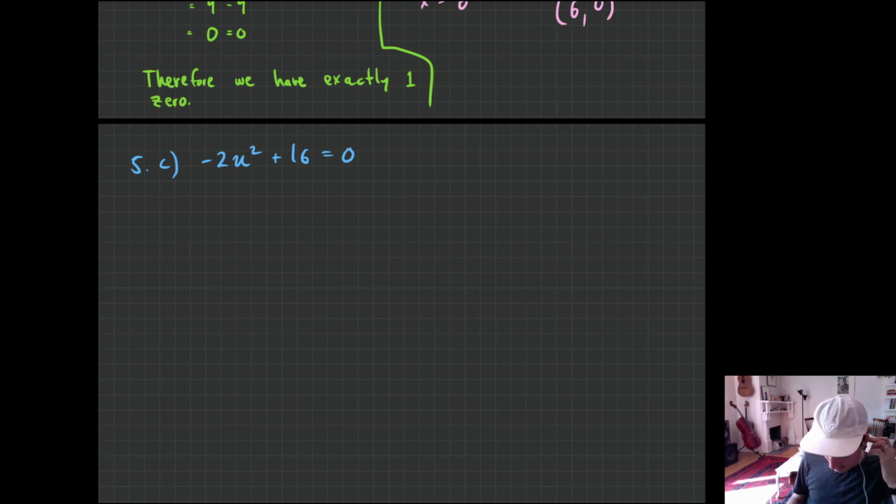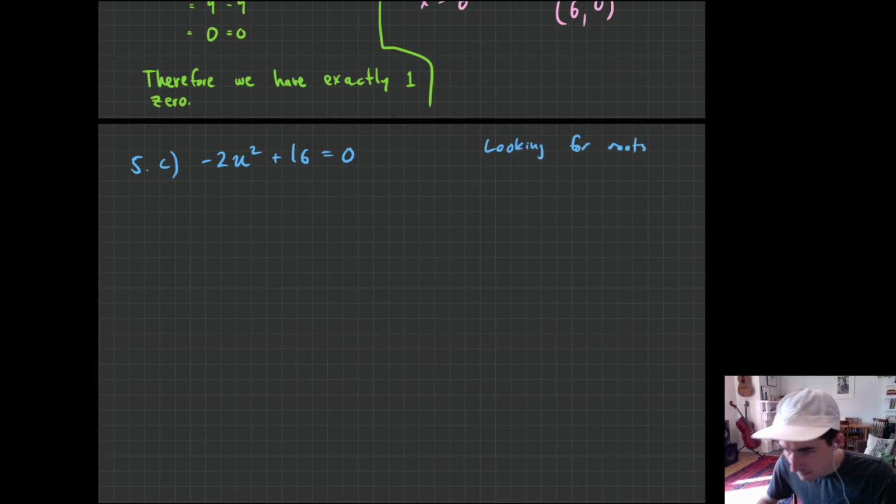In here we're asked to determine the roots of each quadratic equation and then express our answers as exact values and to the nearest hundredth. So we're looking for roots here.